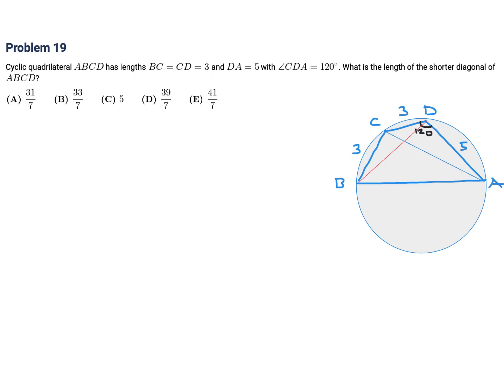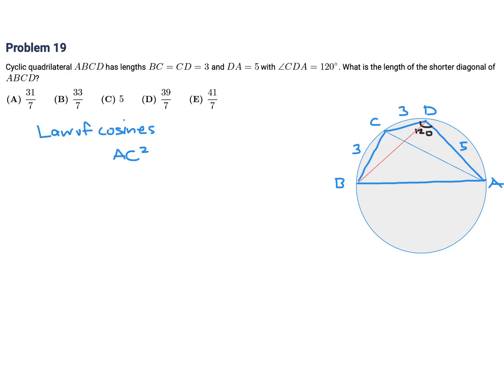All right, so this question, I believe we are most likely going to have to use law of cosines. Law of cosines, it kind of screams law of cosines because of the angle and the two sides. All right, so let's see here.